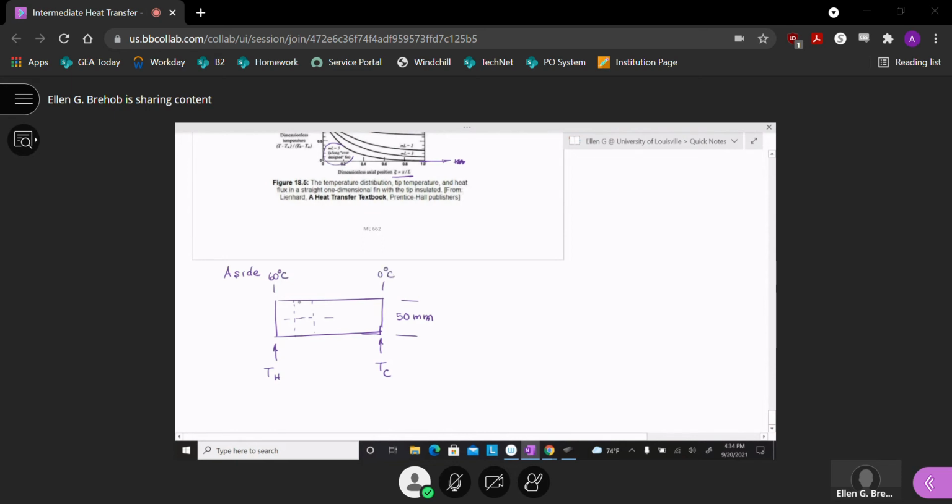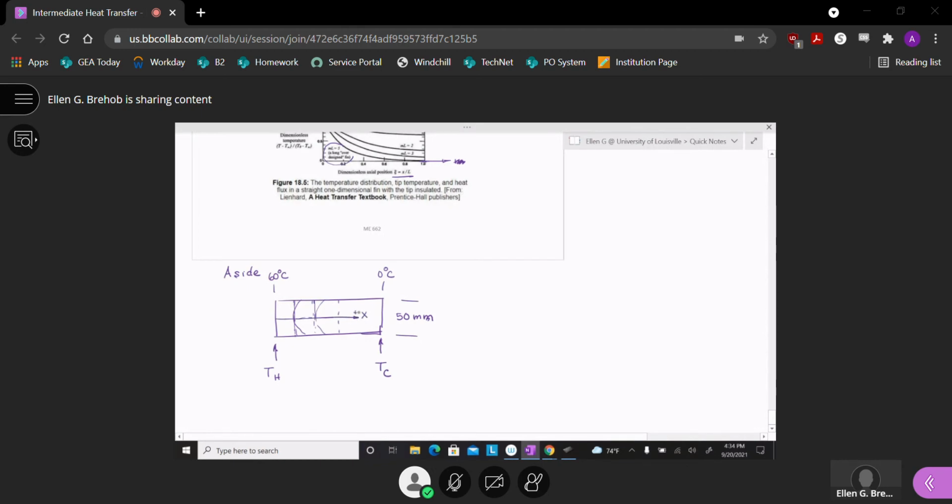Maybe I have 50, 40, 30, rather than having it cool down at the edges and having some curved temperature profile, I'm choosing a thickness and heat transfer coefficient combination such that I have nearly uniform temperature. So this is our idea of convection only in the x direction.